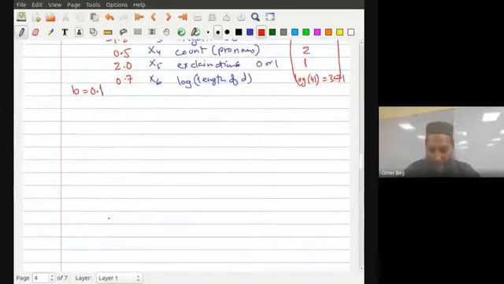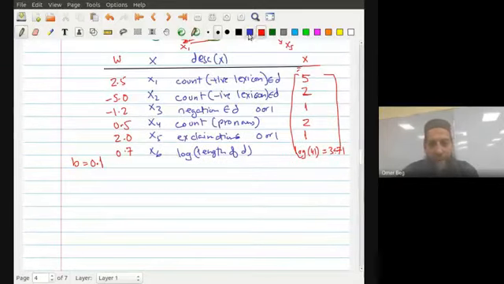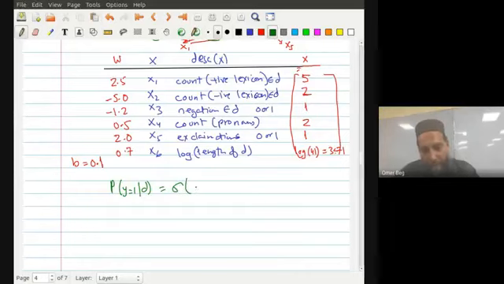So I was just about to tell you how we're going to convert this to a probability or to a class. We are going to figure out the probability of y belonging to class 1 given this document D, which has been converted into the features x1, x2 all the way to x6. So this is going to be the sigmoid of the vector w dot product with the vector x plus b.